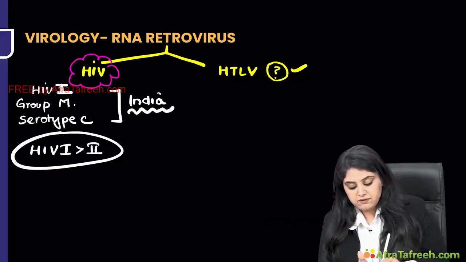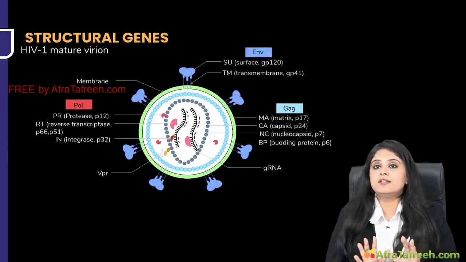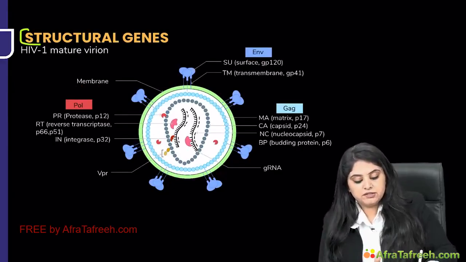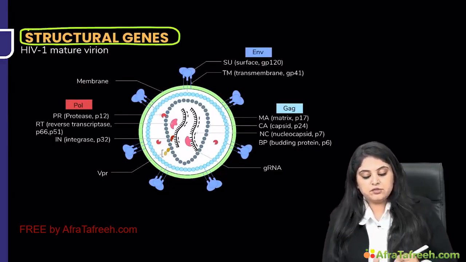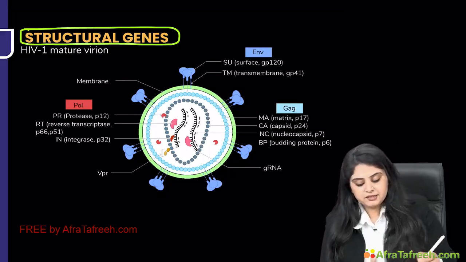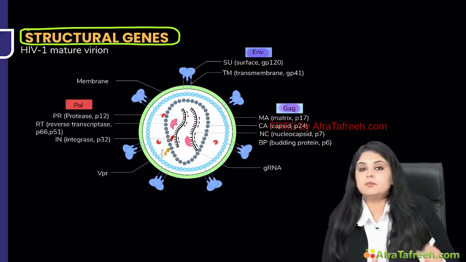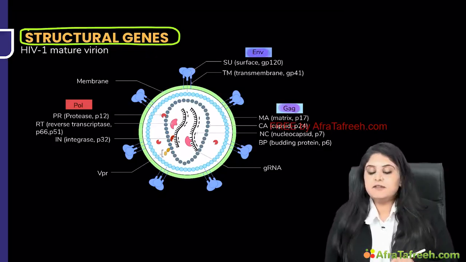Now for HIV, we always know the structure of this virus is very, very important. If you go very carefully, these are all the structural genes, right? So first I'll highlight the genes. There is a GAG gene, there is a Pol gene, and then there is an envelope protein. Let me start with envelope.